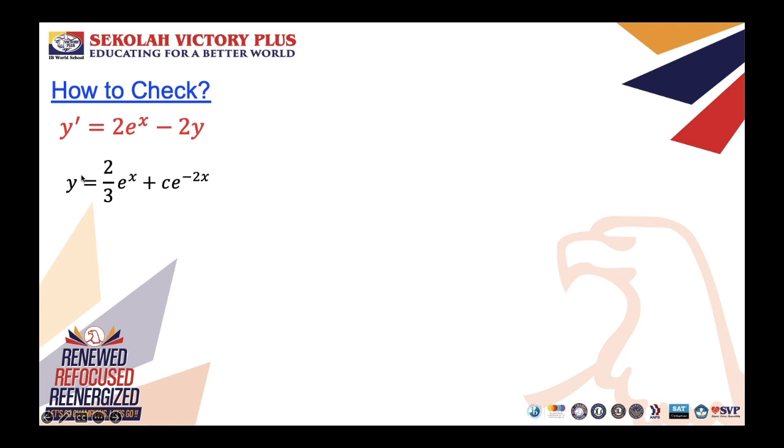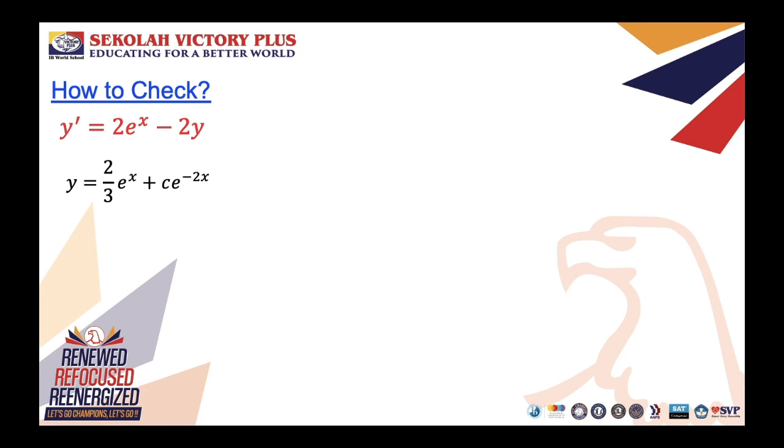In other words, we need to substitute the expression for y here and the expression for y prime here. Alright? And you need to prove that they will be equal. And that's how to check if your previous answer is correct or not.